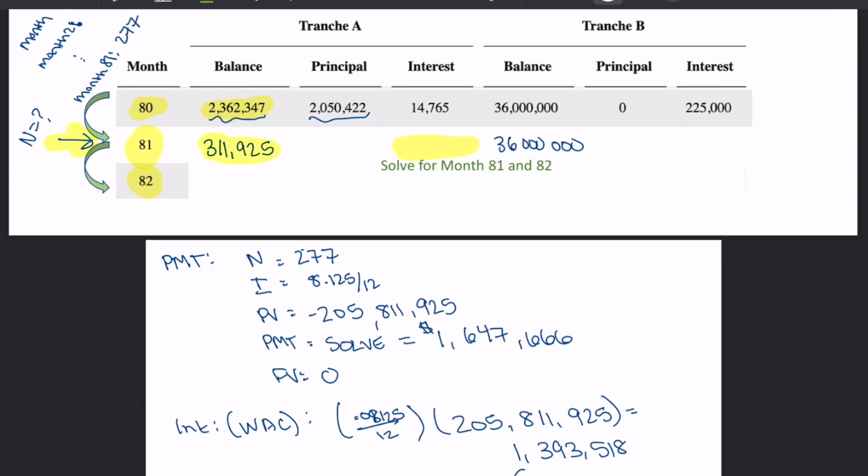Same thing goes for tranche B. You would be doing the 36 million times the 0.075 over 12, and you would end up with the exact same number here, $225,000. Filling in tranche A values as well, again that's the 0.075 over 12 times the beginning balance of the $311,925.